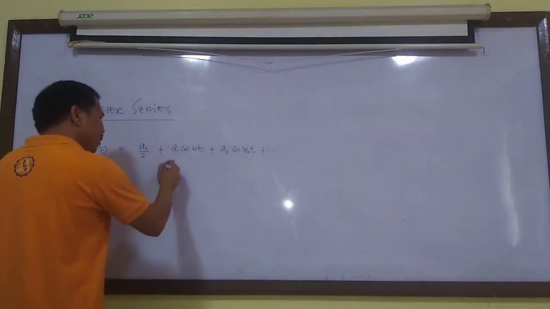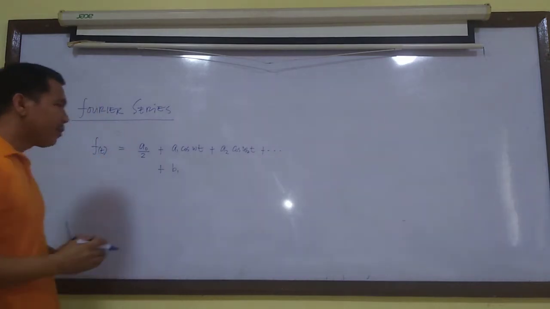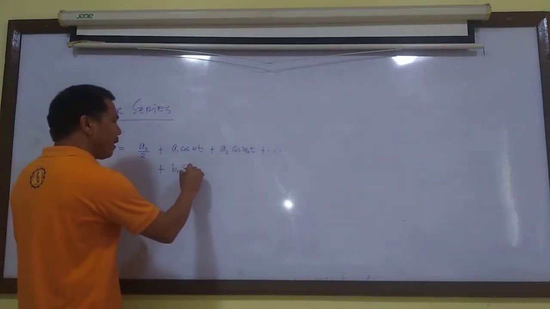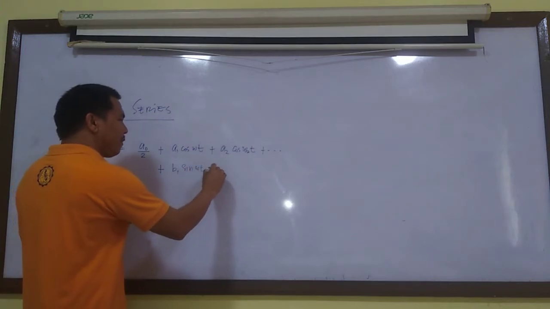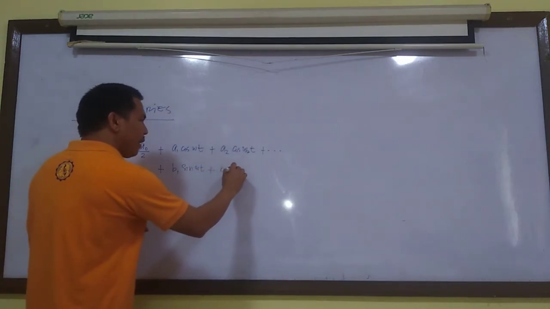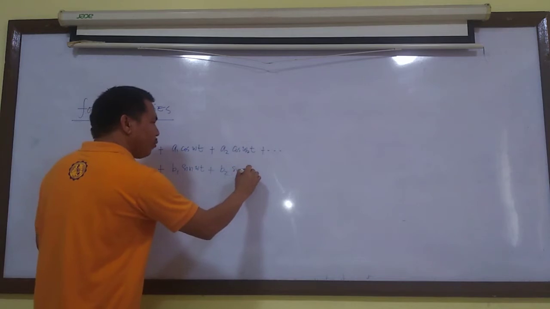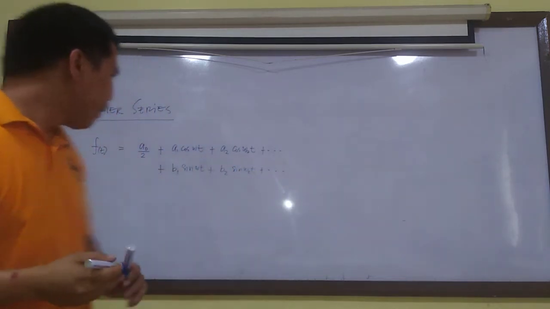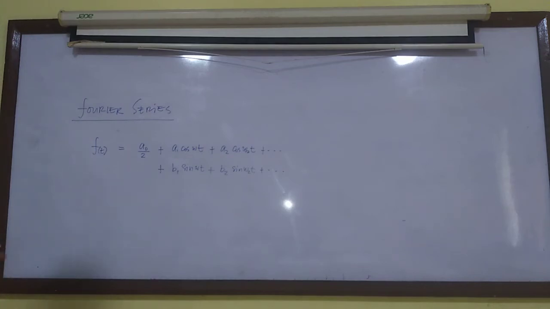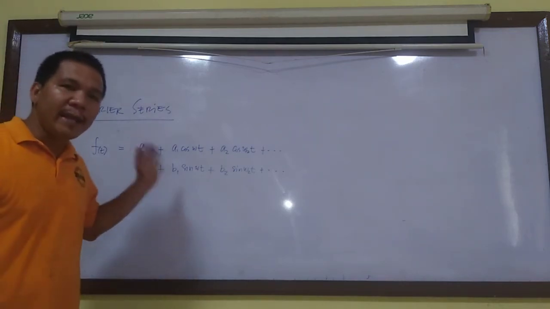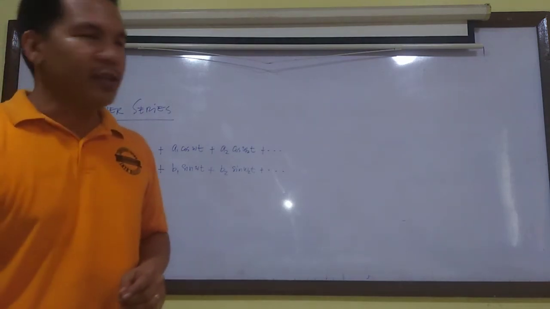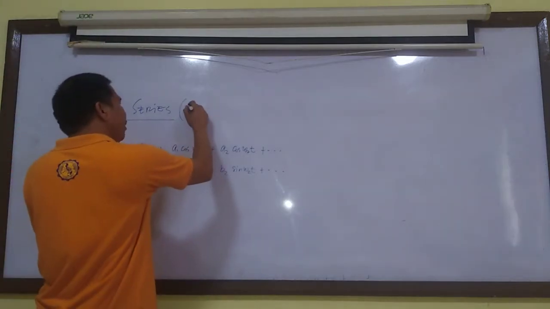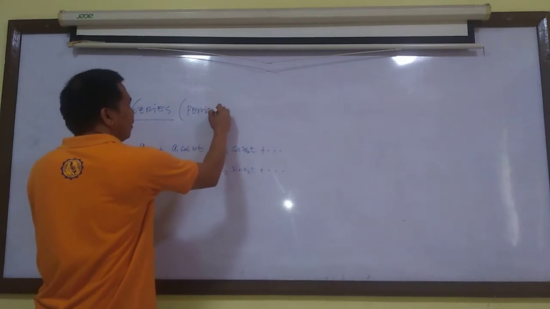Plus, for the sine component of the function, we have b sub 1 sine omega t plus b sub 2 sine of omega 2 times t, and so on. So this is the series representation of any periodic function. Take note, Fourier series is only used for periodic functions.